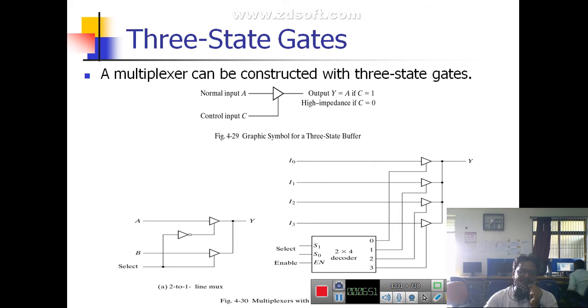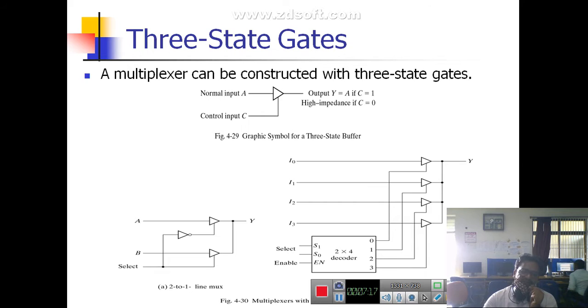If we give the selection line 0, that 0 is the selection line for the B input. So at the output of the B input, it will be in the high impedance state, so we don't get any output from the B input. The same selection line is applied to the A input.